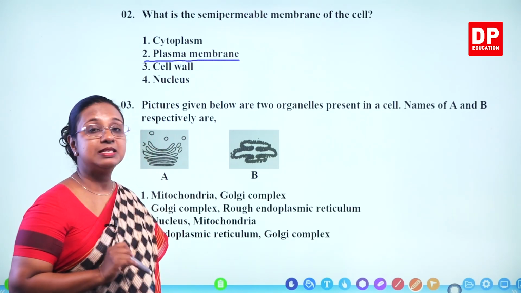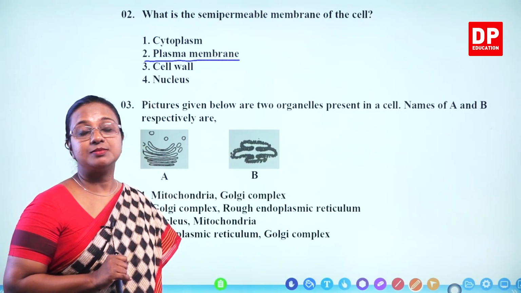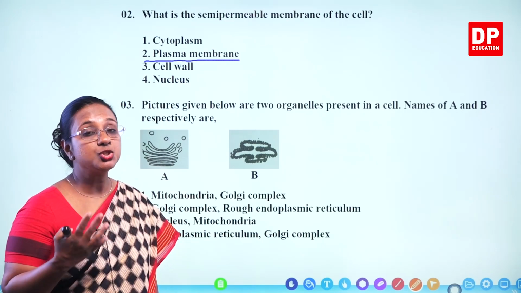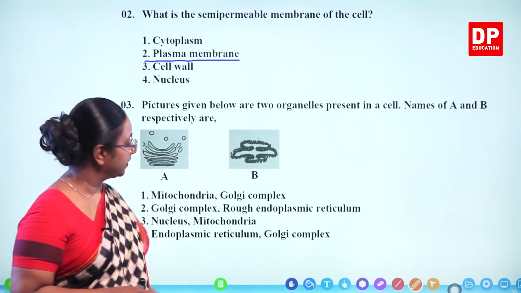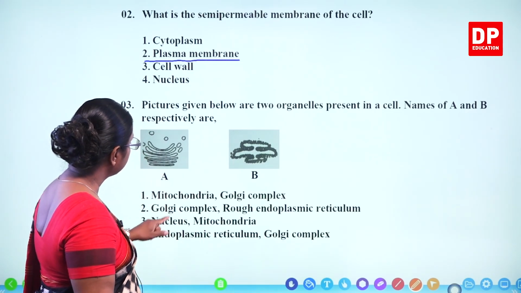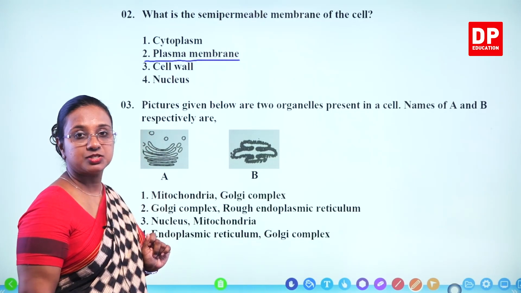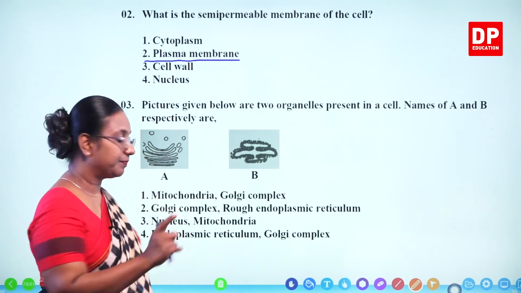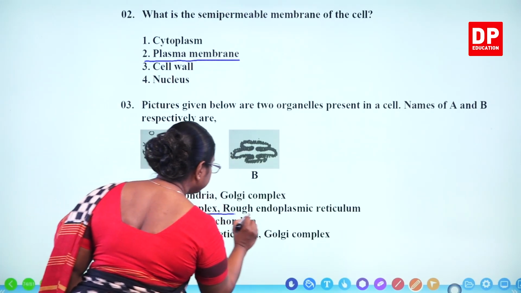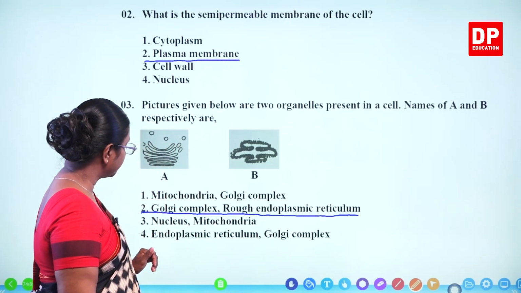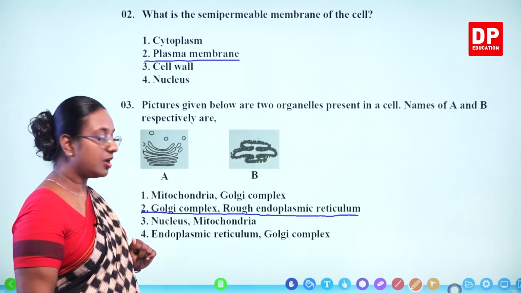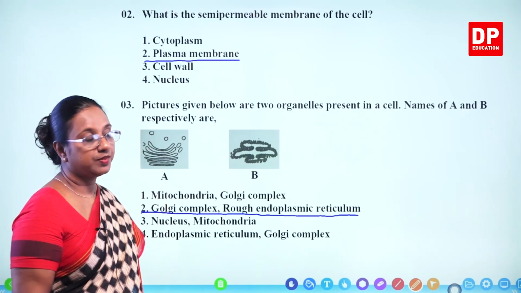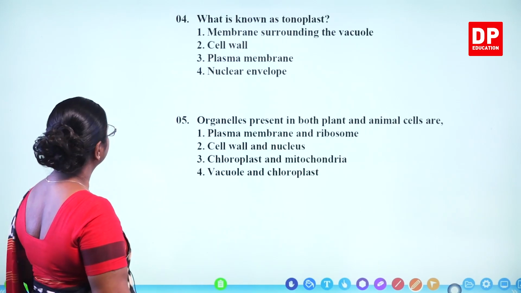Yes, that means it is rough endoplasmic reticulum. If there are no ribosomes, it would be smooth endoplasmic reticulum. Let us look at the answers. Mitochondria, Golgi complex. No. Golgi complex, rough endoplasmic reticulum. That's the answer. Just look at the other two answers. Nucleus, mitochondria, no. Endoplasmic reticulum, Golgi complex, no. So we'll move on to the next question.